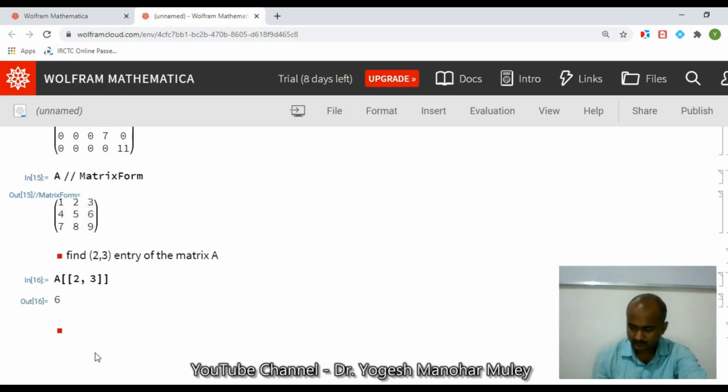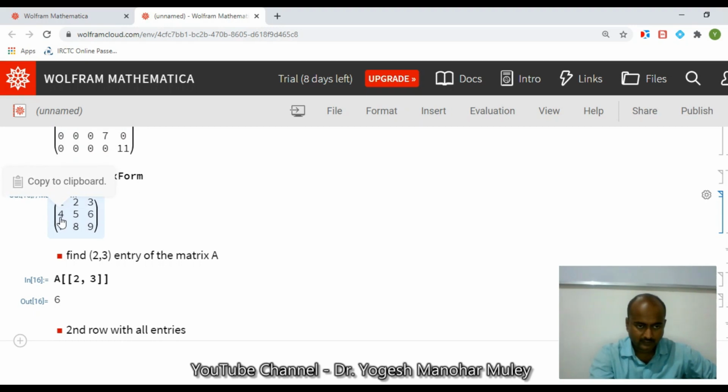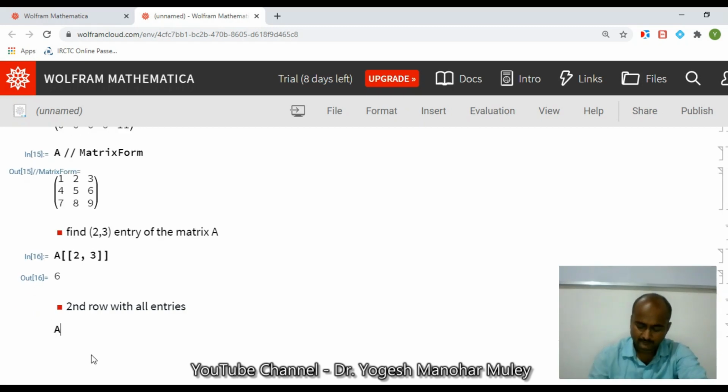Again, if we want to find the second row with all elements, or all entries, it means in the second row we need all elements. For that we can use A and we'll put 2.